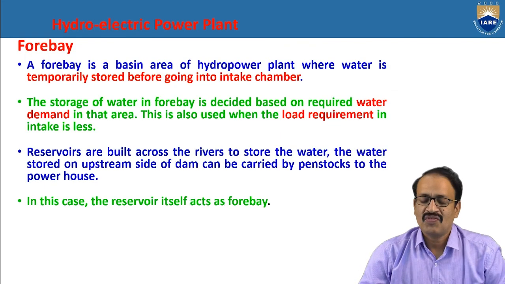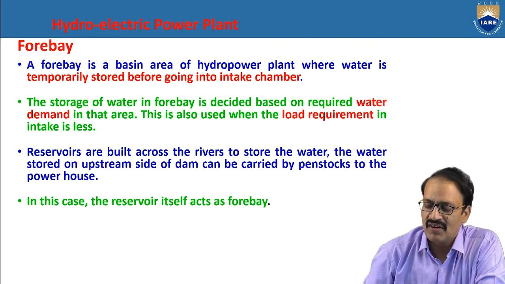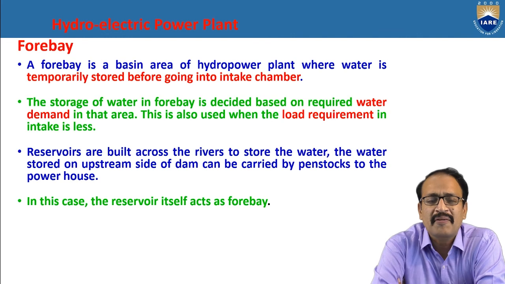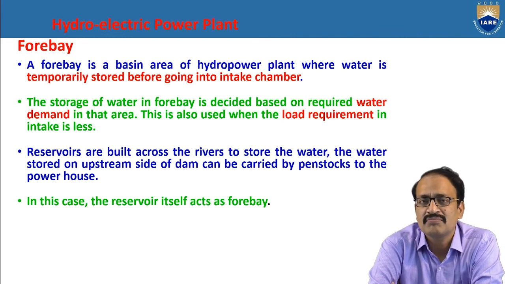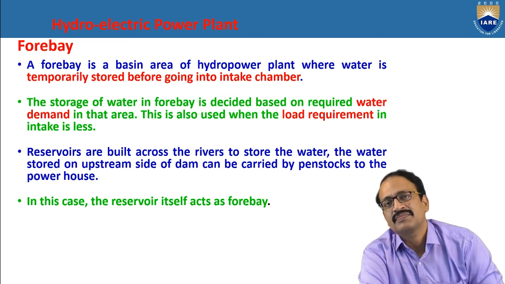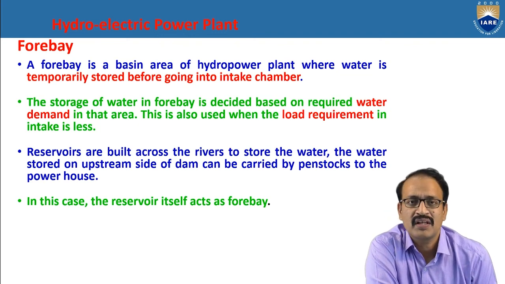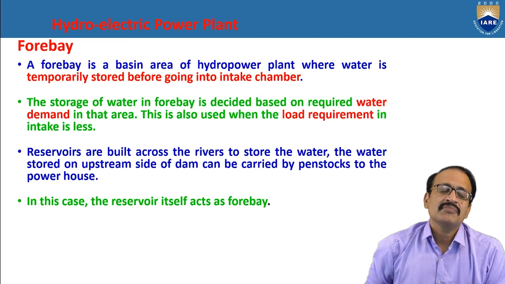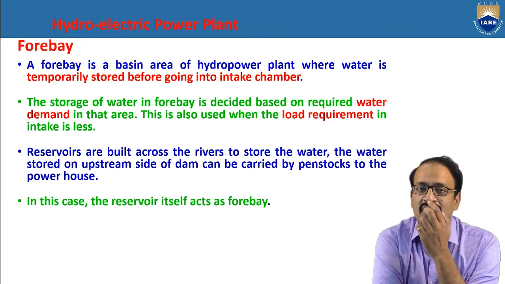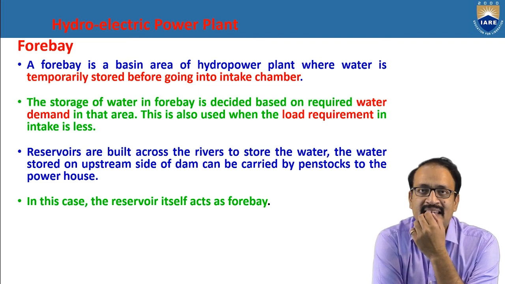Next we will see what is the forebay. A forebay is the area where the water is stored before it goes to the intake chamber. So here the water is stored temporarily, and according to the necessity, according to the demand and the load requirement, we release this water to the intake.